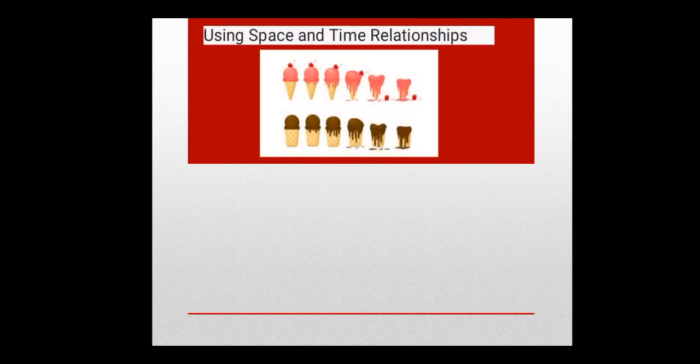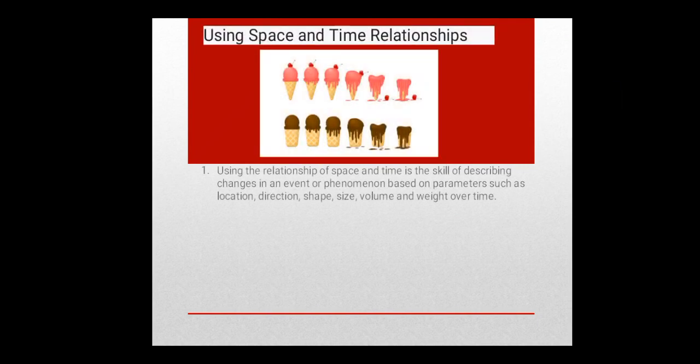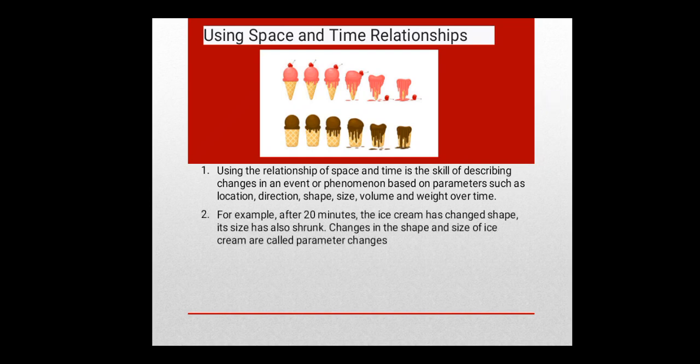Okay, our seventh skill is using space and time relationship. Anything that changes according to time is what we call using space and time relationship. For example, this ice cream, it changed its shape.